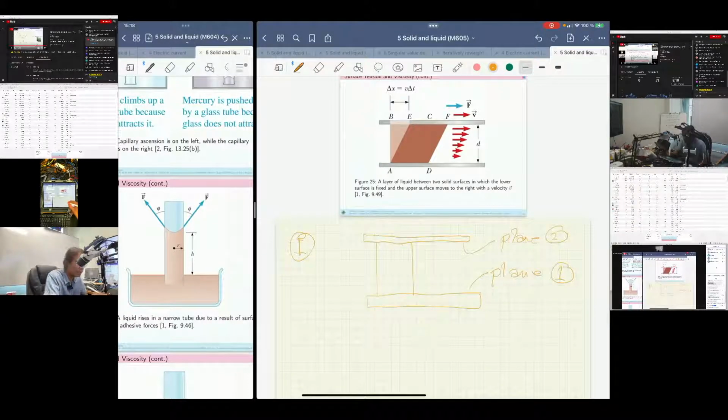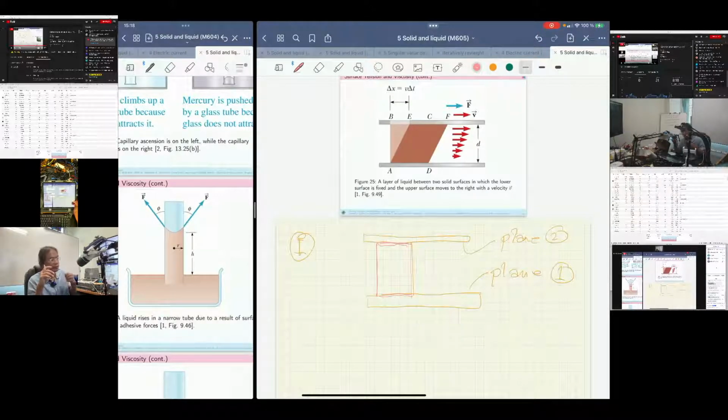And here is fluid, and it's stuck to both planes, on the upper surface and lower surface, right? That's the first stage.